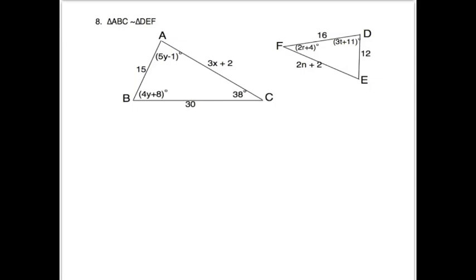The triangle sum theorem says that all three of those angles have to add up to 180. So we know angle A, B, and C add up to 180. So therefore we get this new equation. So let's combine like terms.